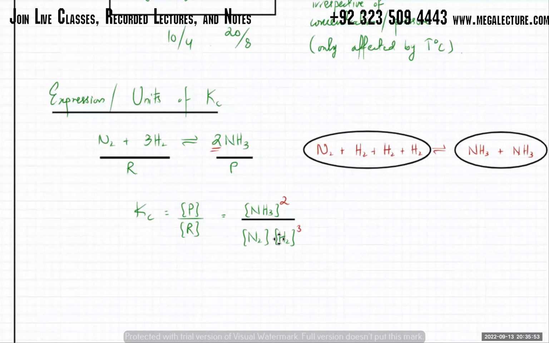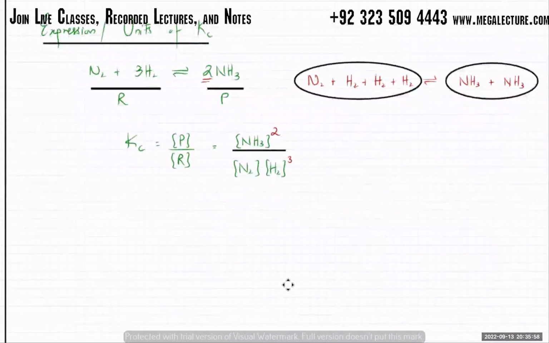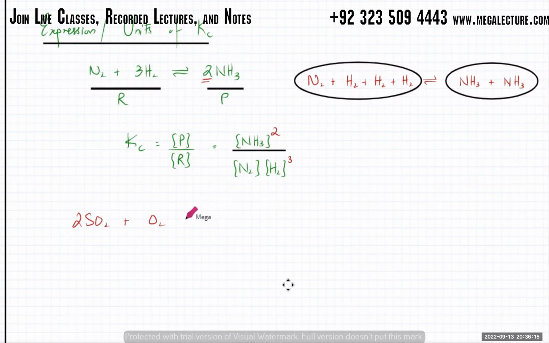So that's what Kc is. For any reaction, you're going to write the expression this way. So let's do another reaction. Let's do the SO2 one. I've got this reaction, which is 2SO2 in equilibrium with O2 and, in equilibrium with 2SO3. So the Kc expression will be product concentration divided by reactant concentration.